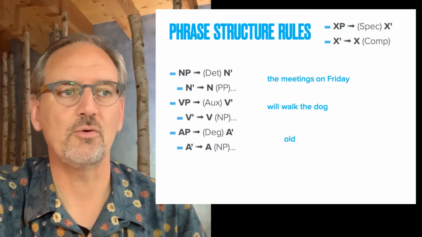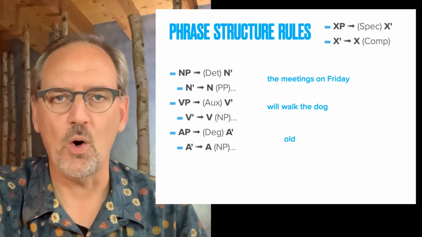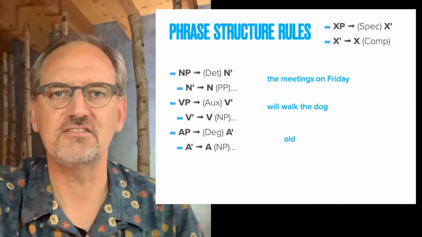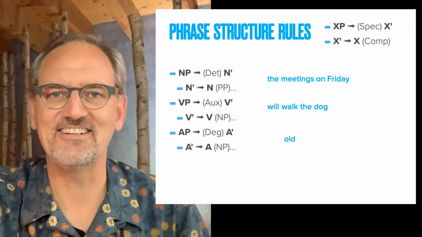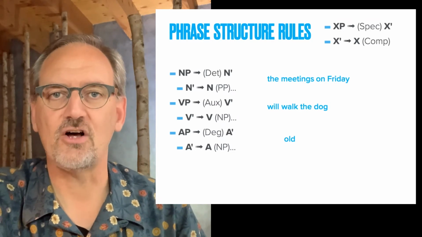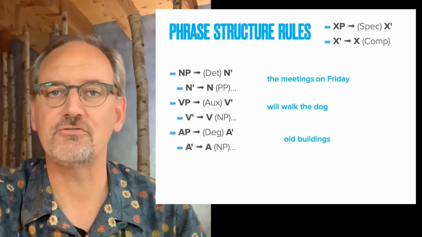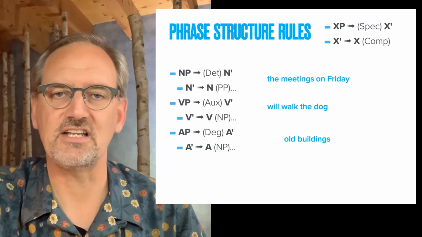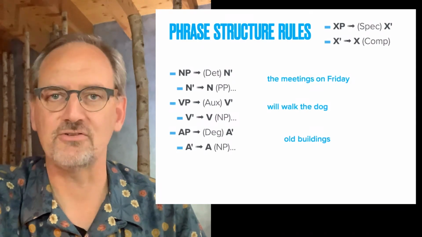So an adjective would be a word like old. Right? Old can be used as an adjective by itself. He is old. But old as an adjective, the head of the phrase, can also take a complement, like a noun phrase, such as buildings. Buildings is a noun phrase, a plural noun.